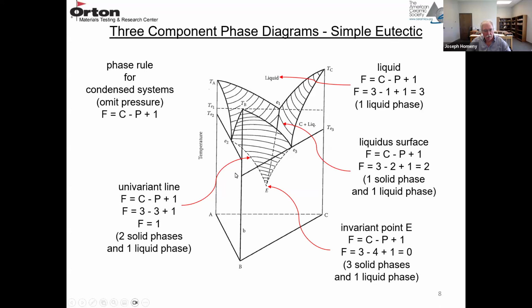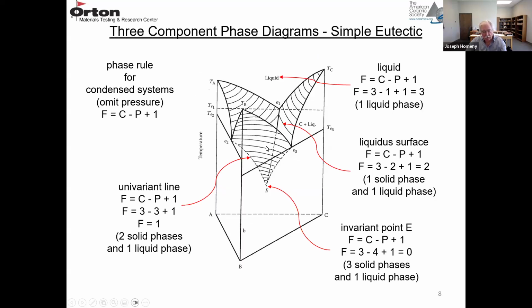You have 2 solid phases, and this line represents A and B, and 1 liquid phase. So 3 phases, so F equals 3 minus 3 plus 1, or F equals 1 degree of freedom. So that's how the phase rule looks on a ternary phase diagram.